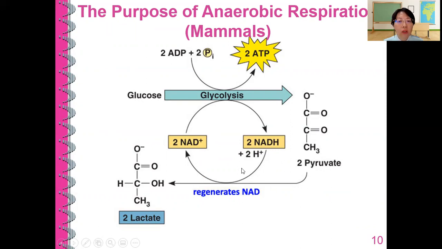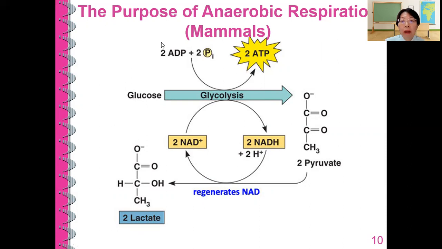So pyruvate is converted to lactate. 2 pyruvate, 2 lactate. So you can see that both are 3 carbons. So the only change is that the hydrogen atoms from the reduced NAD are being released to the pyruvate.